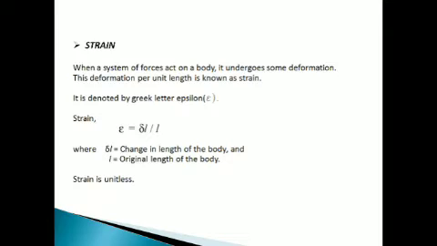It is denoted by Greek letter epsilon, and mathematically it can be expressed as strain epsilon is equal to delta L divided by L, where delta L is the change in length of the body and L is the original length of the body. Strain is unitless. It doesn't have any units.